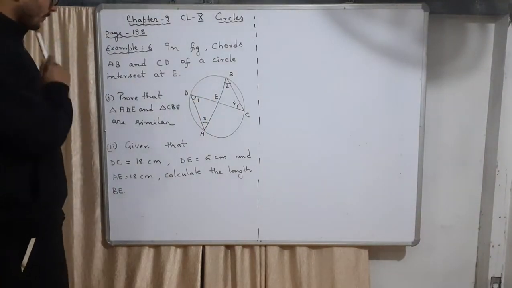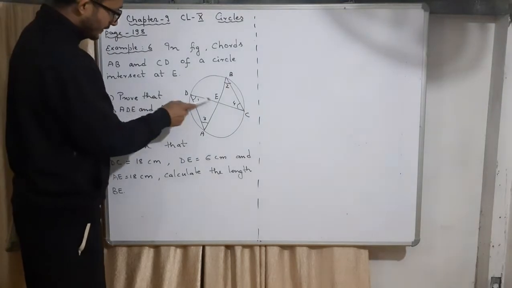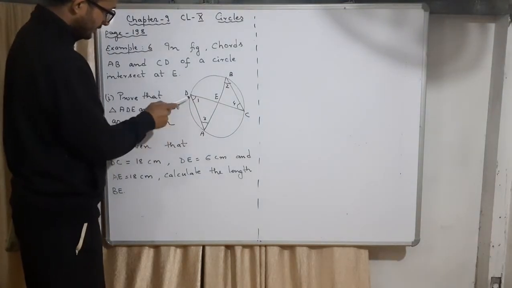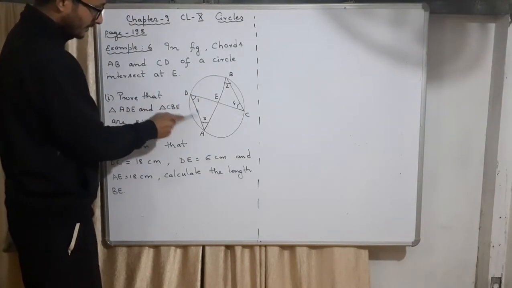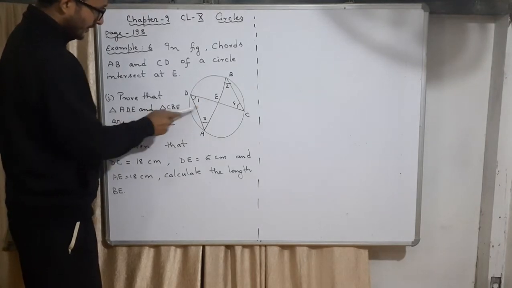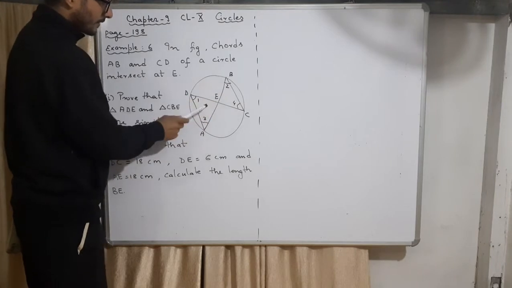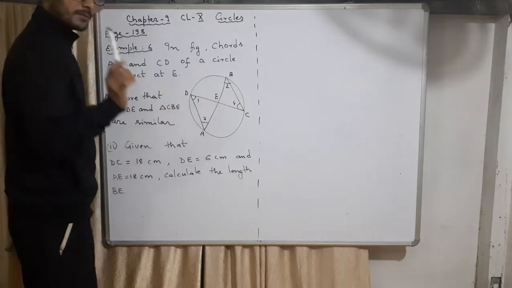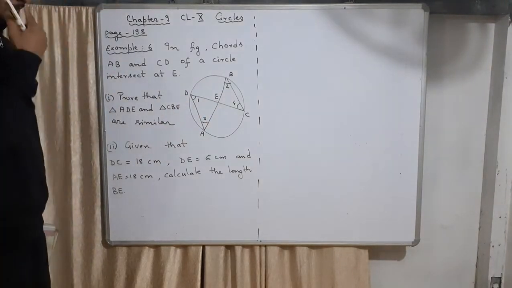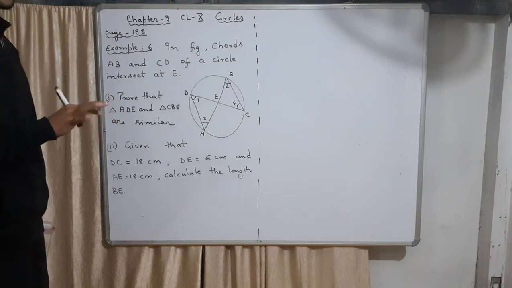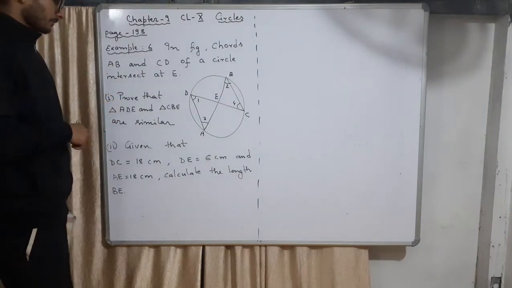Now the question is, number 1, you have to prove that this triangle ADE in this circle and the other triangle BEC, or CBE, you can say anything, are similar. Remember, not congruent, similar. That means their corresponding angles are equal. That you have to prove.